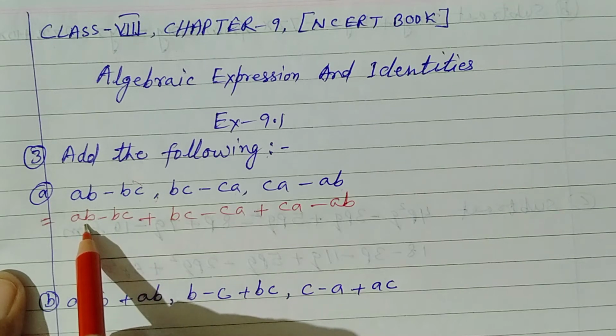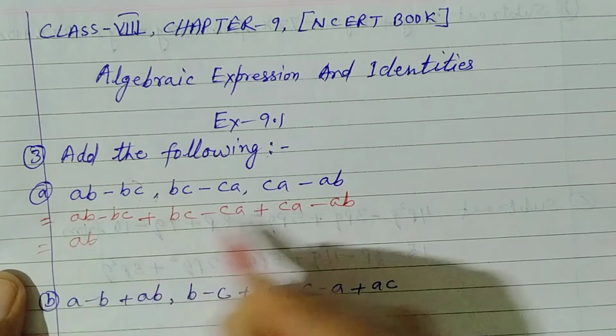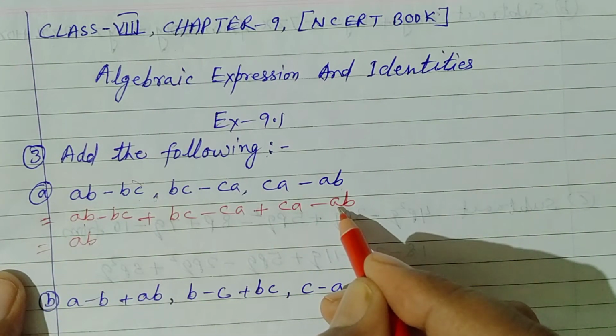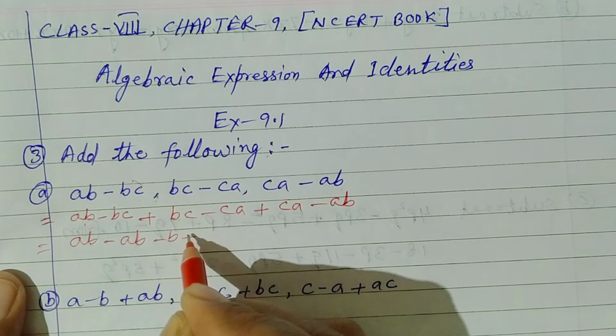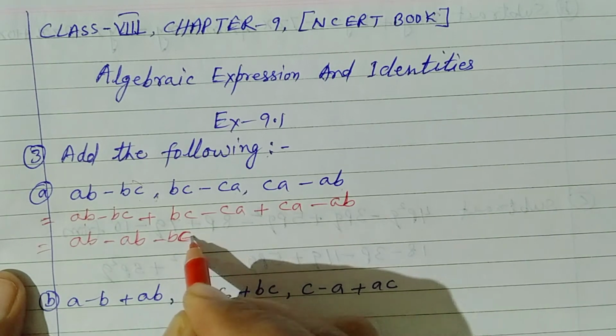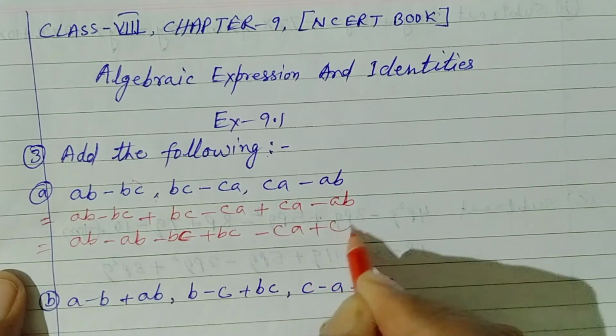First we see how many AB are there in this question. Here is AB and here is also AB. So we write here AB, then minus BC, then plus BC, minus CA plus CA.